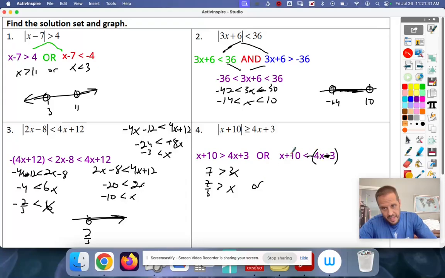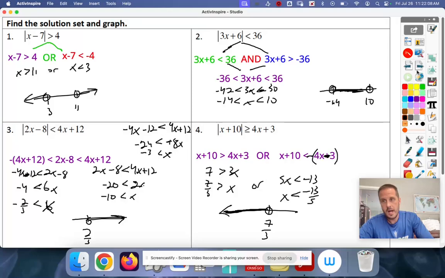Or here, if I add 4x, we get 5x, and I subtract 10, is less than -13. x is less than -13/5. And it's an or. So it's either less than this negative number or it's less than this positive number. And if either one is true, I'm going to pick the 7/3 and put it below that.